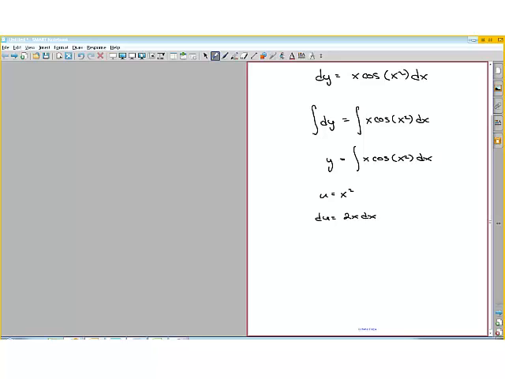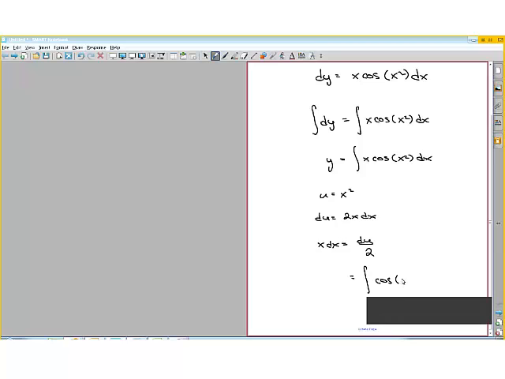Well, not exactly, but again, we can solve for what we have. By dividing by 2, x dx is du over 2. So we can rewrite the right-hand side as the cosine of u times x dx, which is du over 2.